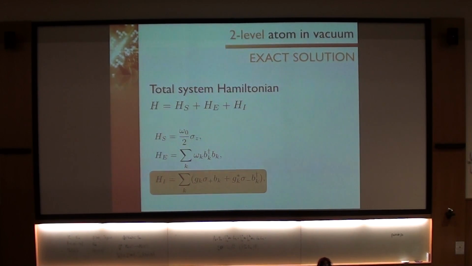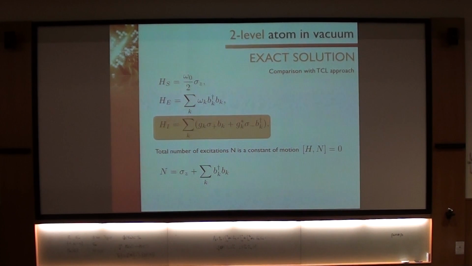So there is only this interaction of exchange of quanta between the atom and the electromagnetic field. Of course, for this model, it's easy to check that the total number of excitations for the total system is a constant of motion, and hence that's actually the reason why we can solve the example.